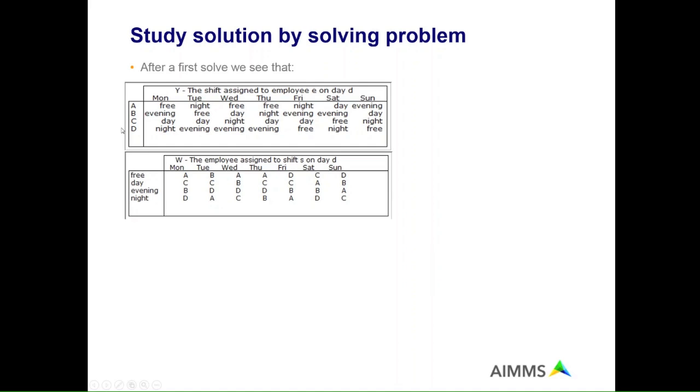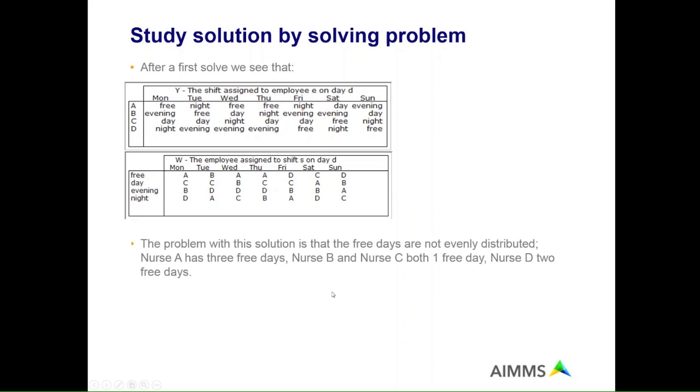Well, that's not fair. So we want to add a constraint that says each nurse should have 1 or 2 days free. And how do we ensure a proper distribution of these 3 free days?